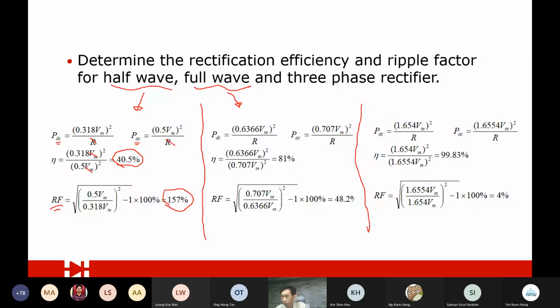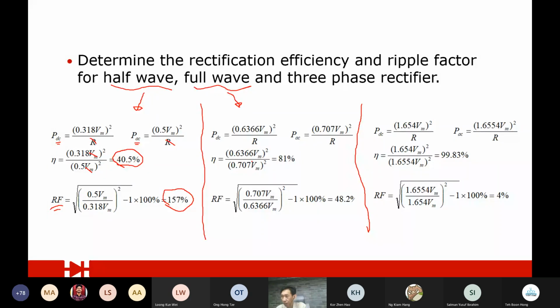Full wave, all right. Again, the 0.318 is doubled up, so it becomes 0.636, and this one 0.707, and the equations are the same.